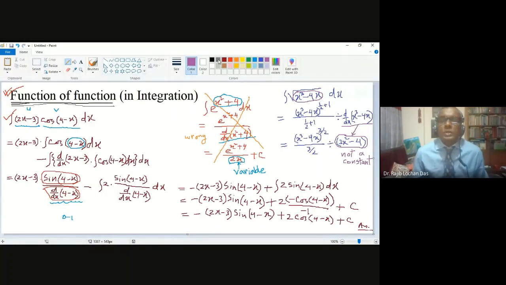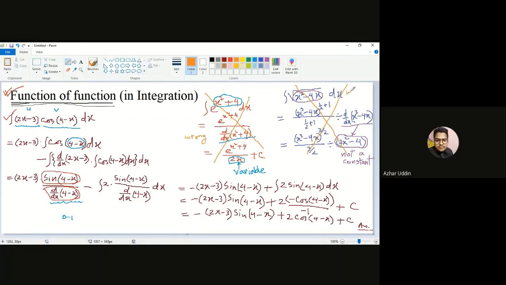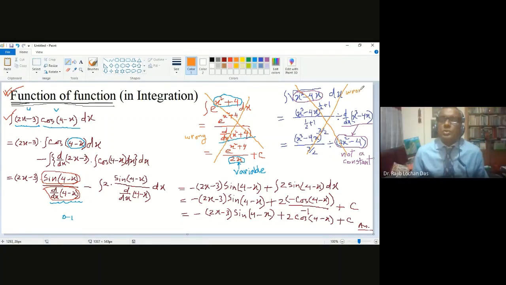So for this case, this is wrong. We will write this formula is not appropriate for this situation. So then what to do? The thing is, these are two examples for which the technique we have learned today will not be used. So there are other techniques.